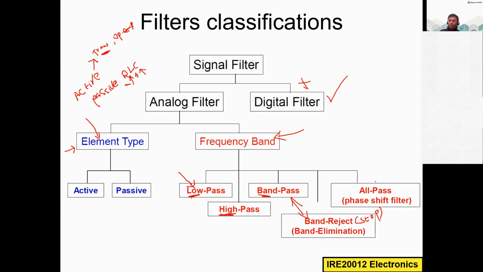All pass filter means it passes all the frequencies, but it gives a phase shift. For example, if you apply a signal like this at the input, at the output you will get a 180-degree phase shift. Remember in the operational amplifier, in the inverting amplifier, if you give the input to the negative input terminal, what's happening at the output? Here you have plus VSAT, minus VSAT.